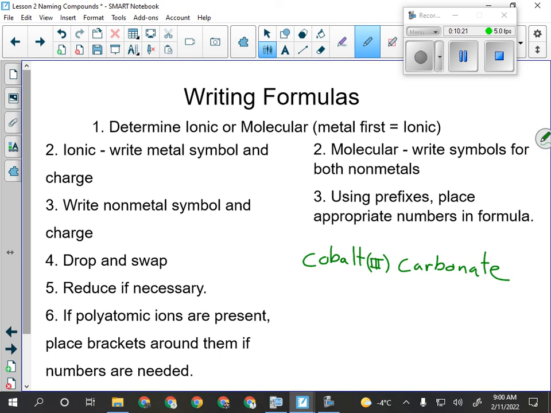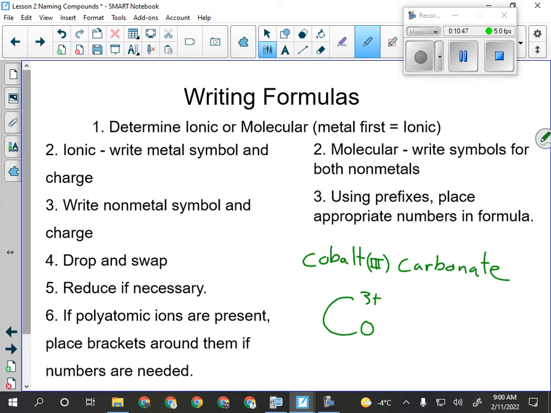Ionic or molecular? It's ionic. Cobalt is a metal. Okay, so I've got to follow the ionic rules. Write the metal symbol and its charge. All right, so the symbol for cobalt is Co. What's its charge? 3. It can be a 2 or a 3, but the Roman numeral is a 3, so its charge is 3. That's what the Roman numeral tells us.